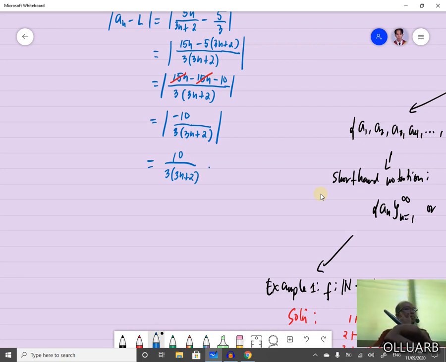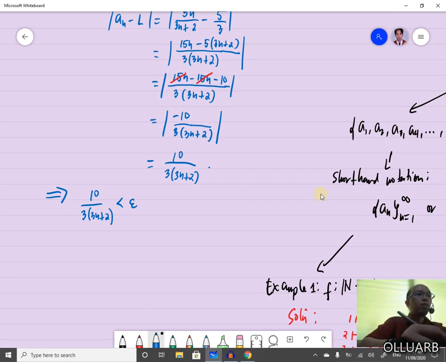What should we do here? This will become 10 over 3 times 3n plus 2 less than epsilon, because if you look at the definition, this is less than epsilon.